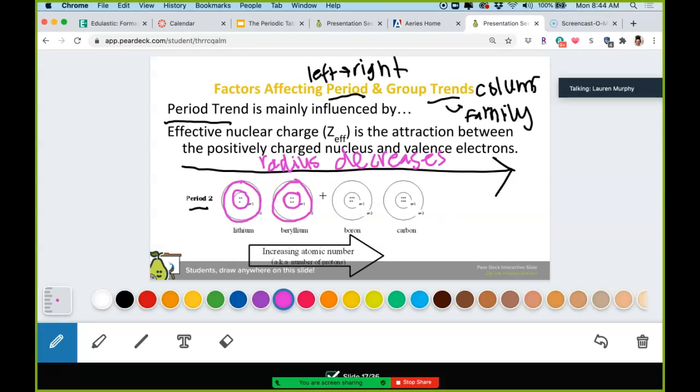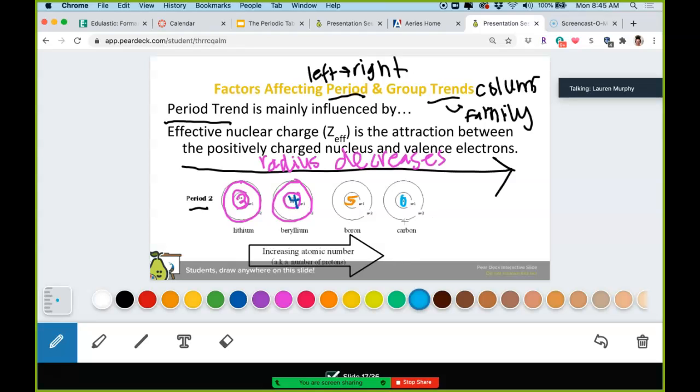The difference is that lithium has 3 protons in its nucleus. Beryllium has 4 protons in its nucleus. Boron has 5 protons in its nucleus. Carbon has 6 protons in its nucleus.